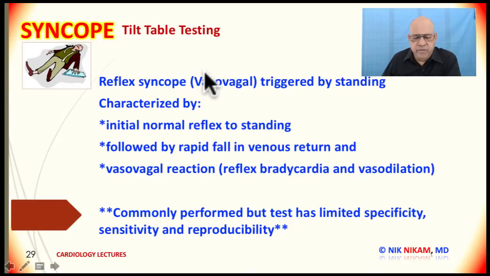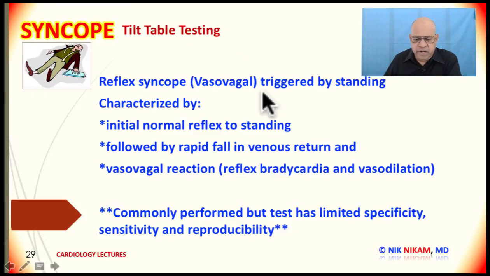Tilt table testing. In those patients where we have done all these basic tests and where we have not been able to come to a conclusion as to what exactly is causing their syncope, especially in the neurally mediated syncope group, we can look at doing a tilt test to see if we can trigger the vasovagal syncope in these patients.